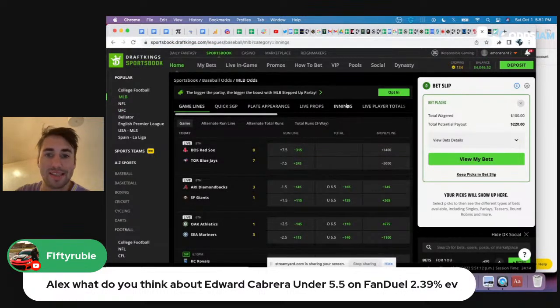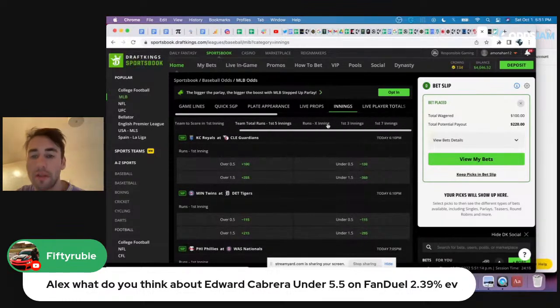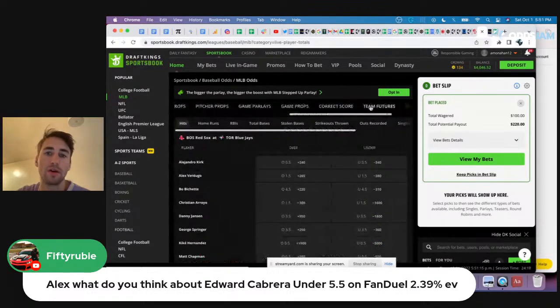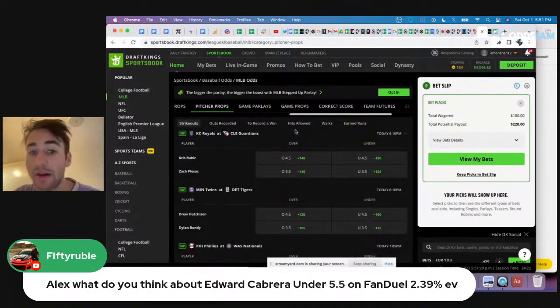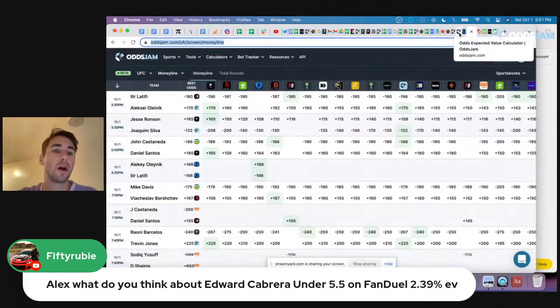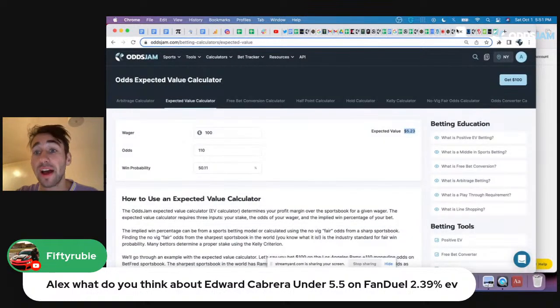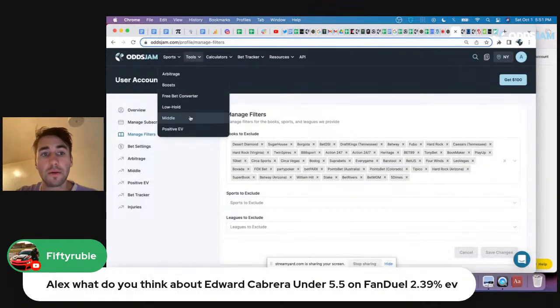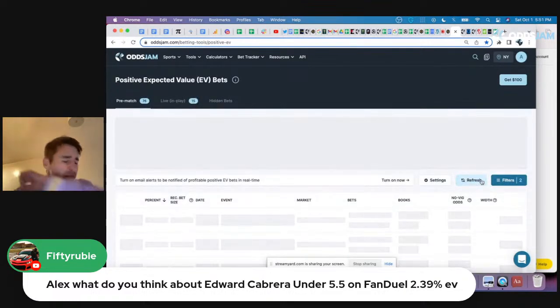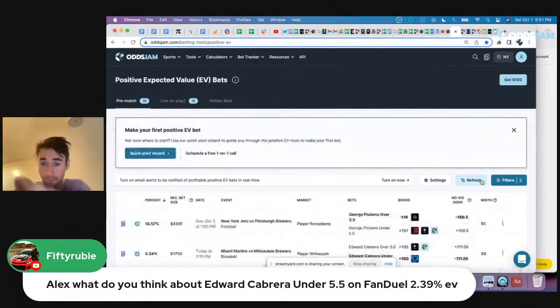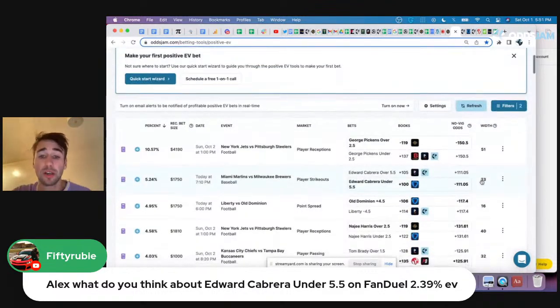You go to innings props, there's all this stuff. You go to player totals, correct score, game props, pitcher props, strikeouts, outs recorded, win, hits allowed, walks, earned runs. So you need some way to sift through all this data and see the information you think is valuable. So that's basically what the EV page does for you. At least it's supposed to.